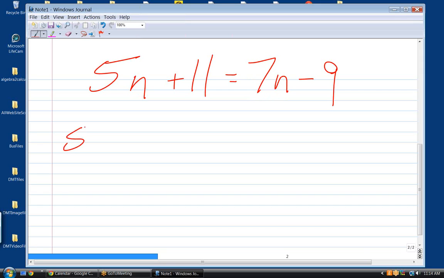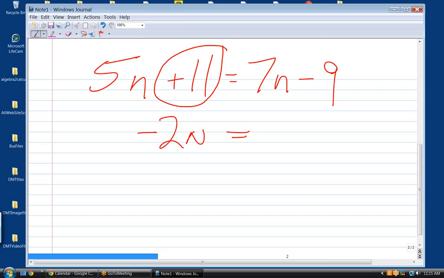So it's going to be 5n minus 7n. How many n is that? That's going to be negative 2n. Okay, so that's negative 2n if I put it on the left. And that means I got to move this number to the right, right? Because I want to get all numbers on the other side. So what's the other side?